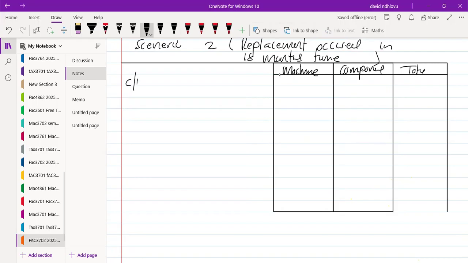Right, we have our carrying amount. Remember, we had 16.2 at the end of year number 1. We had 1 million at the end of year number 2. So we had 17.2.